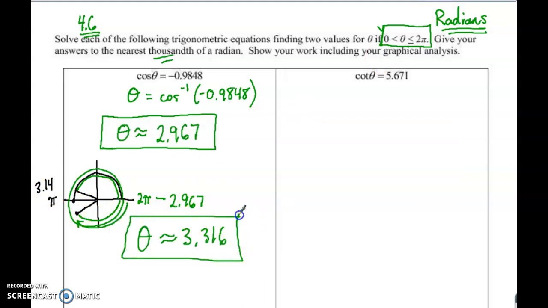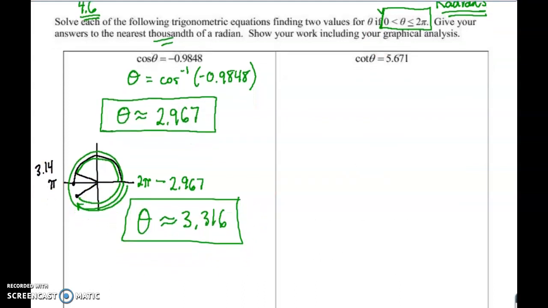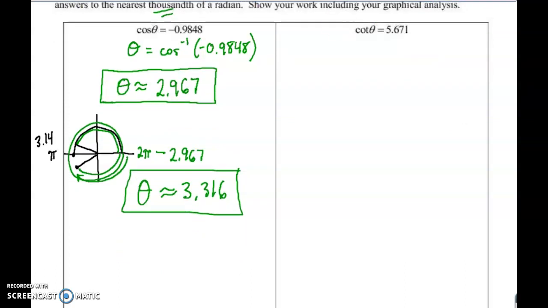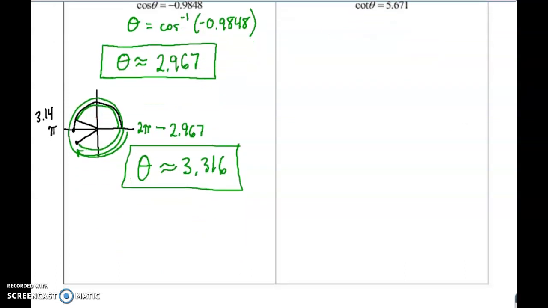But as I mentioned, because some of you might not understand my way of thinking, what you could do is find this angle in here. You could find that angle by doing pi minus that 2.967. And then what you can think about is, okay, whatever answer that is has to have the same angle over here. Well, how do I write that out?